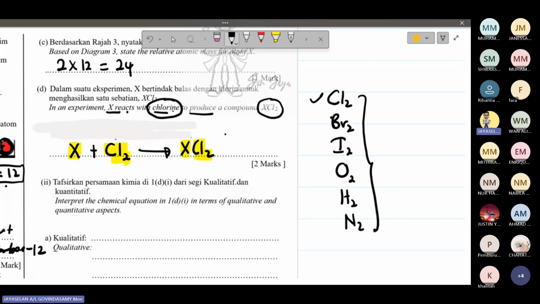I want to describe the equation. How to describe the equation? This is the reactant. This is the product.